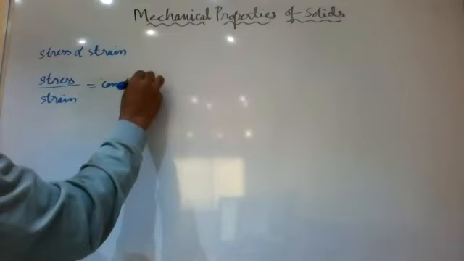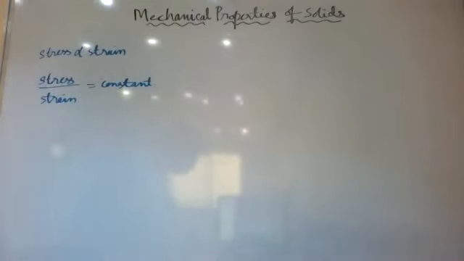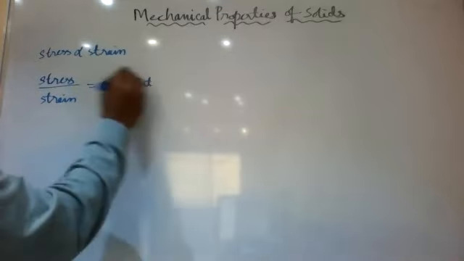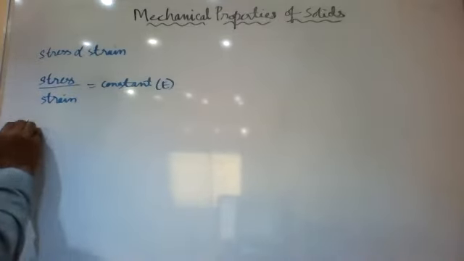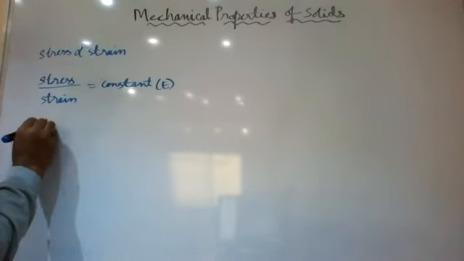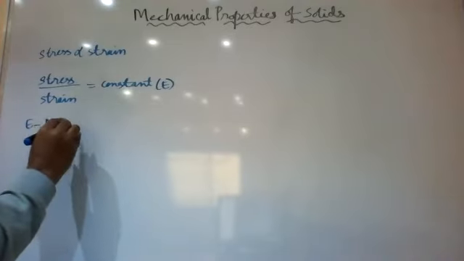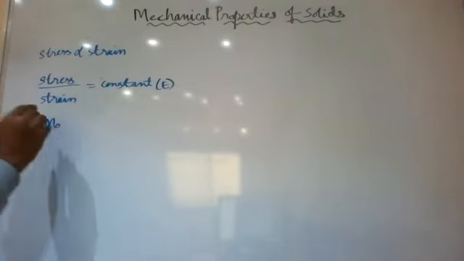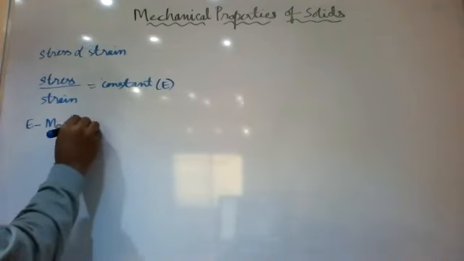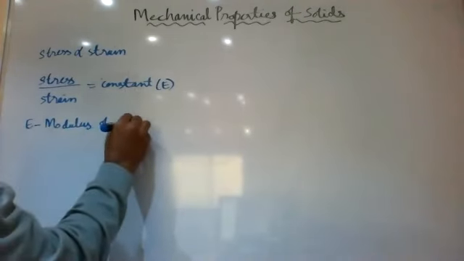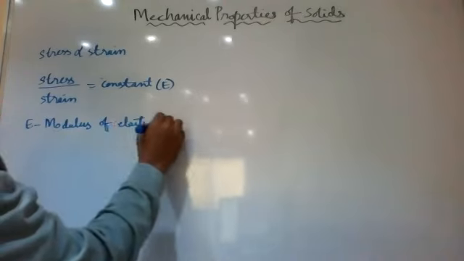That constant can be Young's modulus or bulk modulus or rigidity modulus. This constant is capital E, and E is said to be the modulus of elasticity.